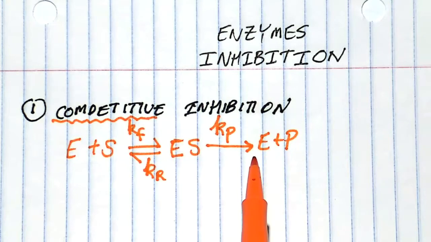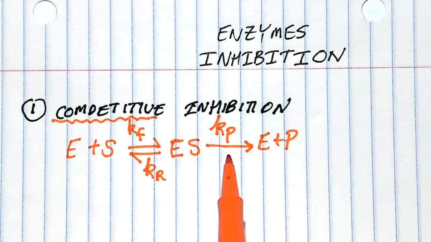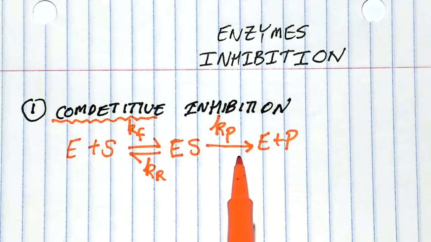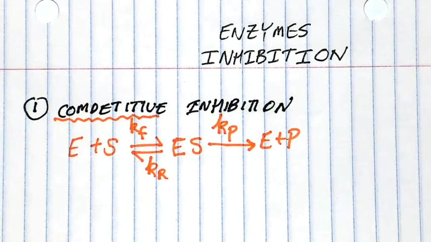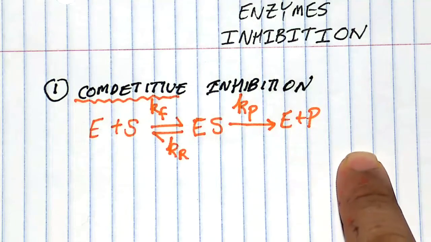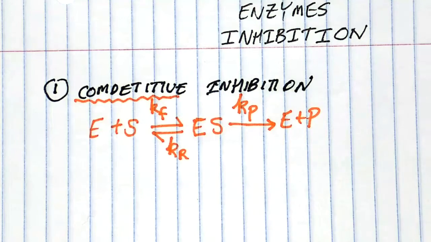And another thing, we don't worry about the E plus P going back to ES. We just null the reverse reaction at this step. So this is something that we derive the entire Michaelis-Menten equation from, given our steady state assumption and a couple of other assumptions. But what happens if we throw in a competitive inhibitor into the mix?